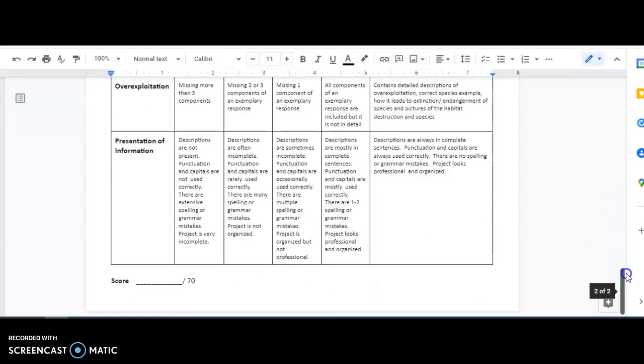The last one is presentation, so make sure your descriptions are in complete sentences, with punctuation and capitals. Don't give me little i's when you mean I, as I am doing this. Spelling and grammar mistakes. If it's underlined in red or blue, do a quick left click and see what's wrong. Get it fixed.